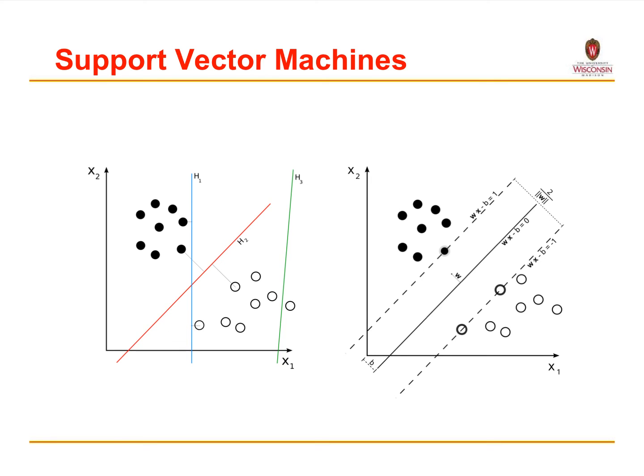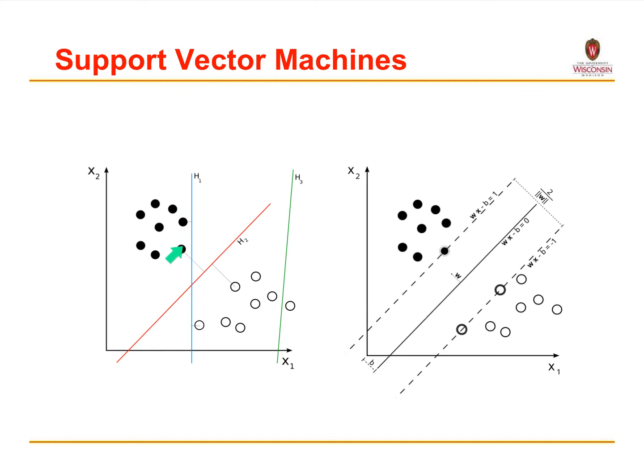And the mathematical way in which we describe that is that the line H2 maximizes the distance between the boundary and the nearest data points. Here you can see that the distance between the nearest data point and the blue line, H1, is very small.